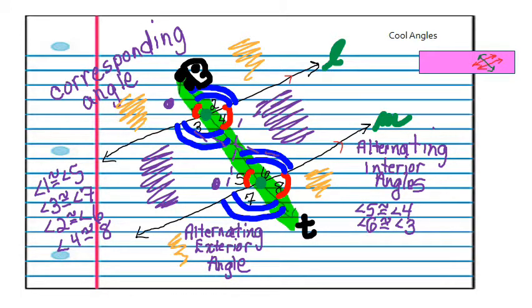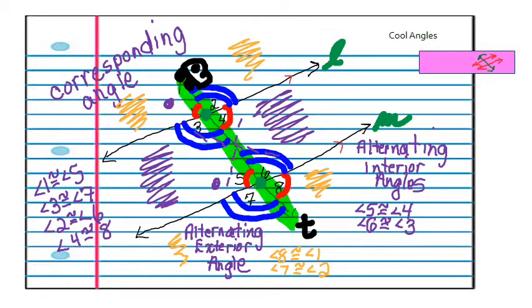On the outside. So angle 8, who's on the outside, is congruent to angle 1, and angle 7 is congruent to angle 2.